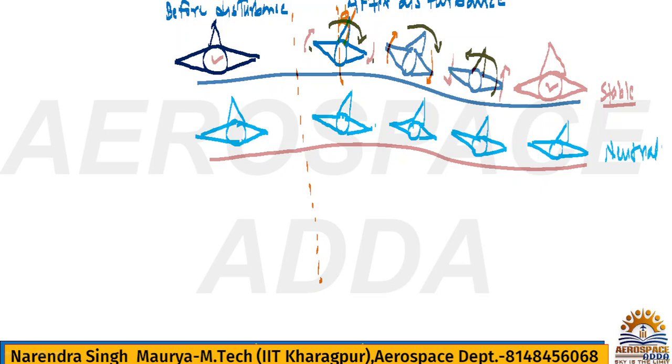Once a disturbance came and hit the aircraft, it changed the orientation, but even though the disturbance is gone, the airplane is not able to come back to its original position, nor is it going away from the present condition toward an unstable condition.